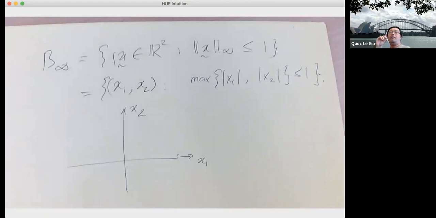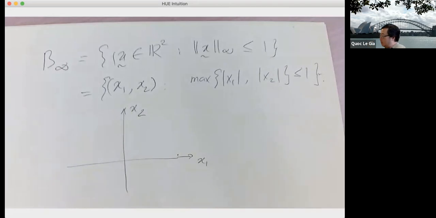So the max of the magnitude of x1 and x2 is less than 1. So how does it look like? So it's not a diamond, it's not a circle. Well, I mean, we can do it again. The region between x is plus or minus 1.